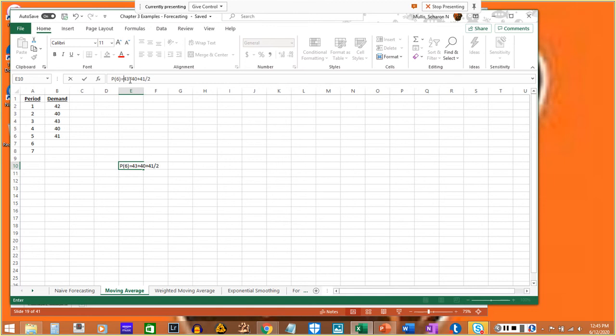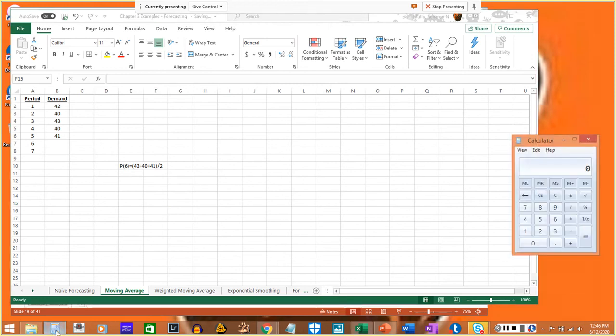Let me put some parentheses around that. So if we add that up, so we got 43 plus 40 plus 41, and we divide it by 3, not 2.